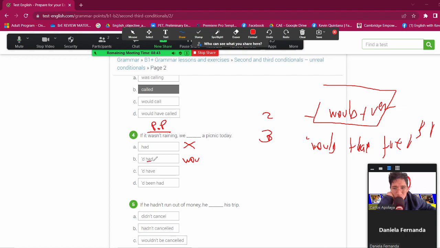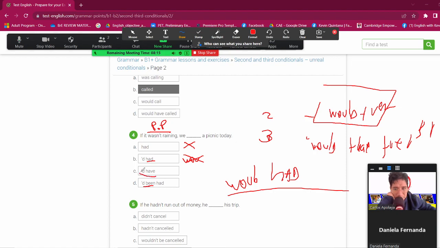¿Existe would had de frente, después del would el had? No, ¿cierto? No existe. Ahora aquí nos quedan dos opciones. Dice, we would have, tendríamos un picnic. No existe been, no puede ir un been después de un would.